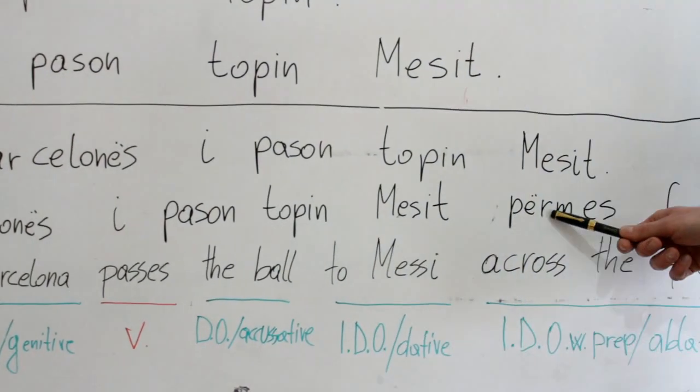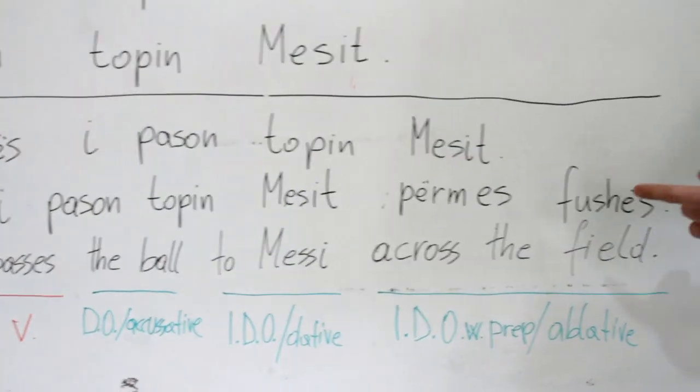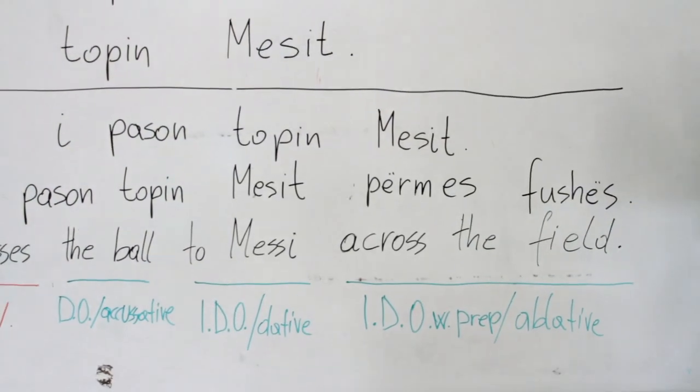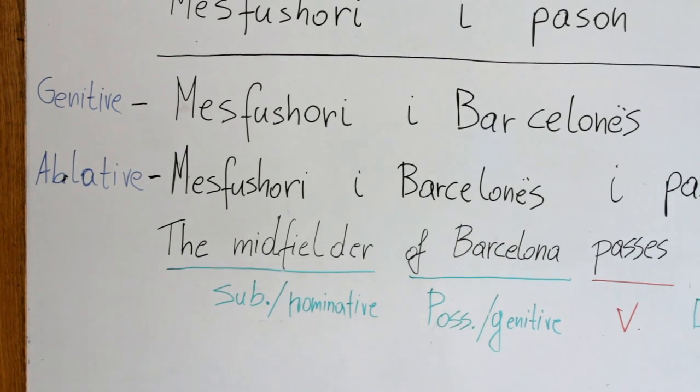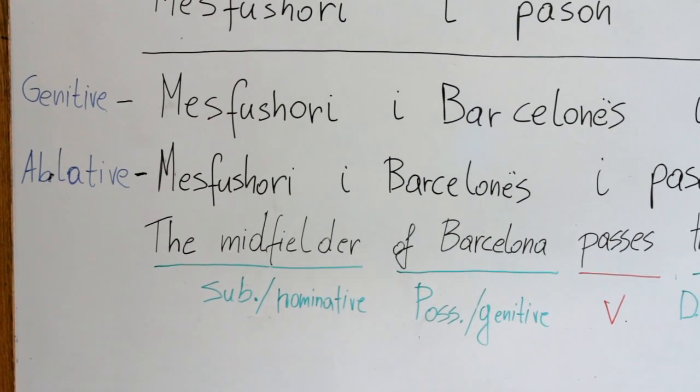And then për mes, this is our preposition, which then acts upon fushës, the field, with the -ës ending representing the ablative. So now we can see that we have every piece of the puzzle together in this sentence.